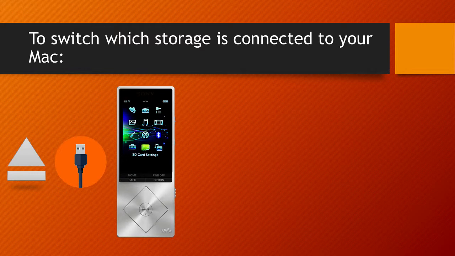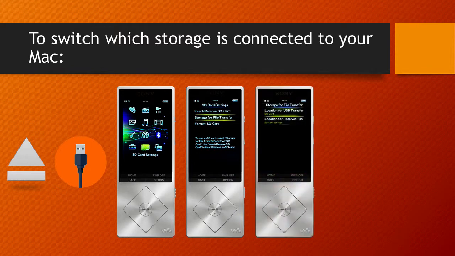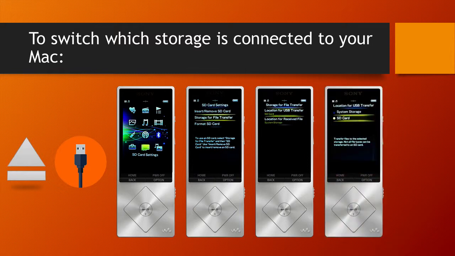It's the icon at the bottom in the middle that looks like a micro SD card, and you'll click on it. You'll then go to the SD card settings menu and choose Storage for File Transfer. You're essentially going to select which areas of storage are going to be used to transfer files to and from your Mac. And then inside of that, you're going to select the location for USB transfer. And inside of that, you'll be able to choose system storage or SD card.